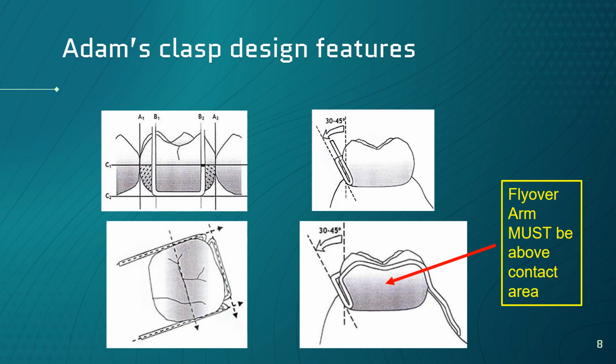The arrowhead should be inclined at an angle of about 45 degrees from the surface of the tooth. It's very important that the flyover arm must be above the contact area of the tooth.